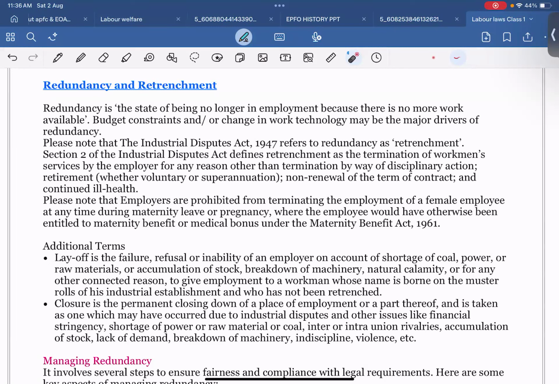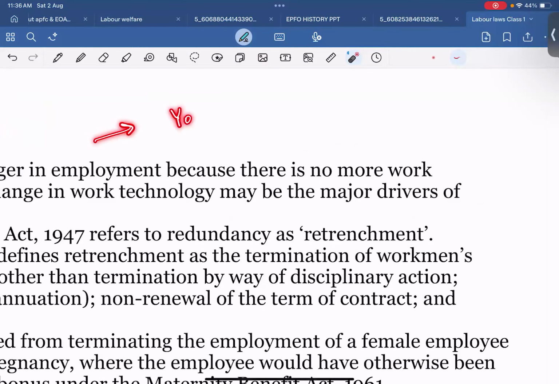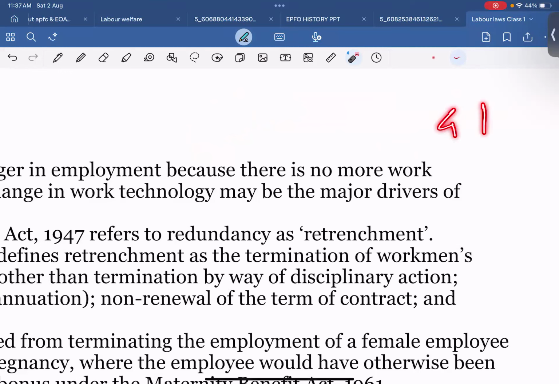Understand one thing. Redundancy is the state of being no longer in employment. Suppose you are making your home. Construction is going on at your site. Four laborers are working on that.